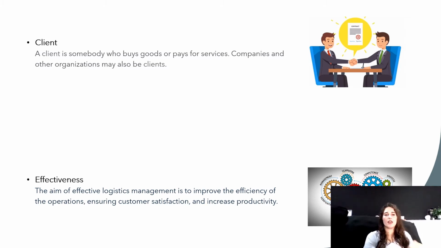And then we have effectiveness, where we discussed the difference between effectiveness and efficiency in our last course, strategic planning. But let's discuss it again. It is the aim of effective logistics management to improve the efficiency of the operation, ensuring customer satisfaction and increasing productivity.